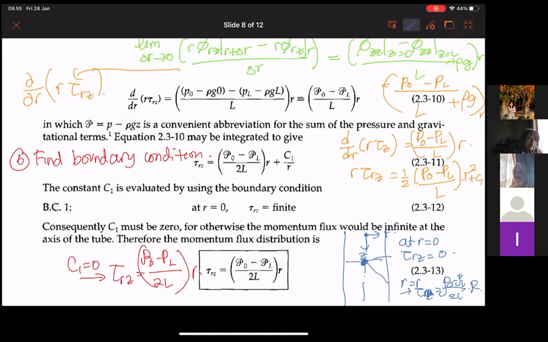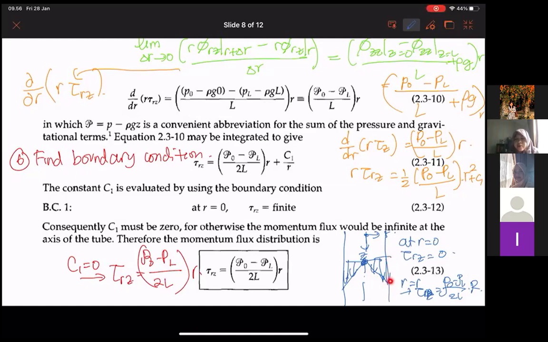So that would be, we can write it, it is a maximum in this case. This tells you that the flux momentum would be 0 on the axis of the tube when r equals 0, and at the wall of the cylinder, the momentum flux would be the maximum.